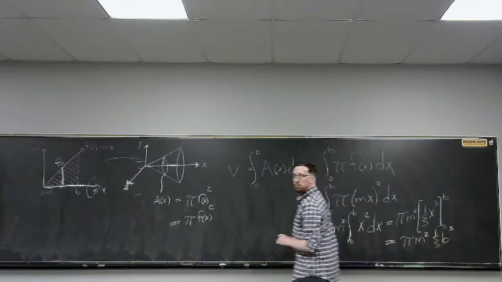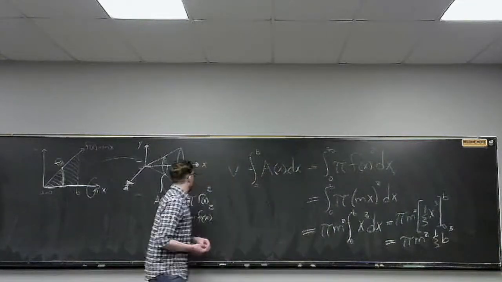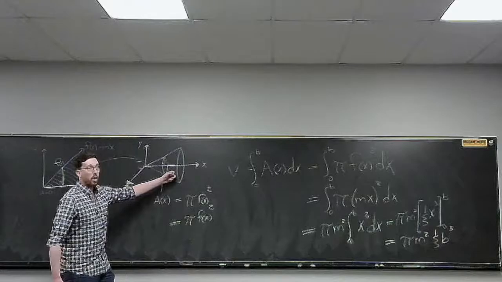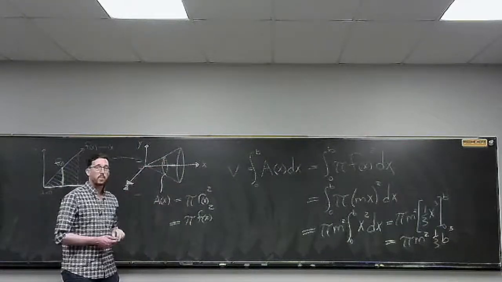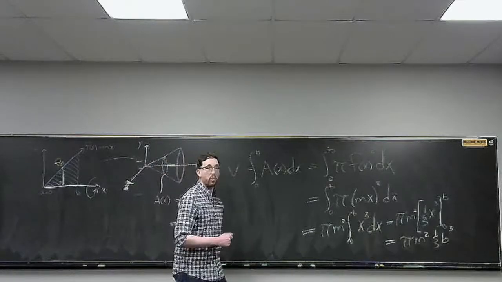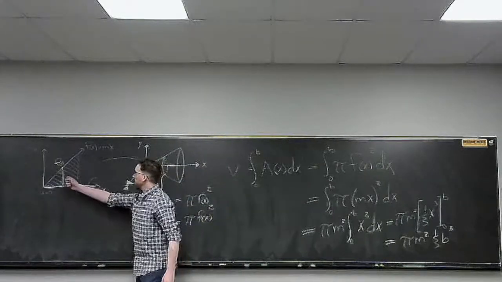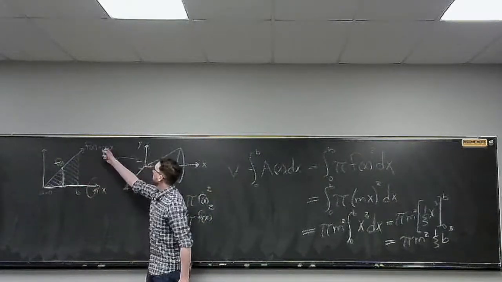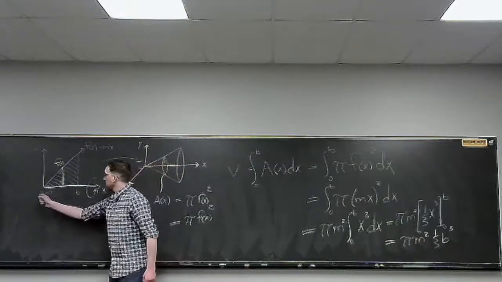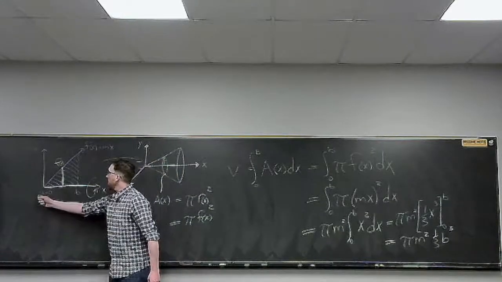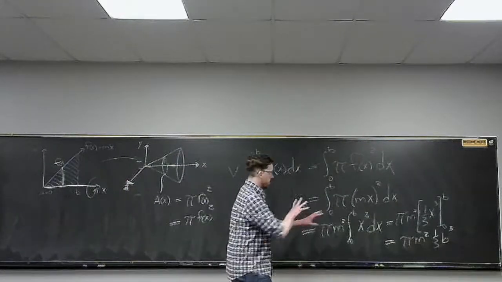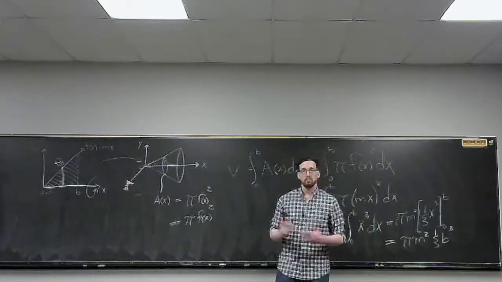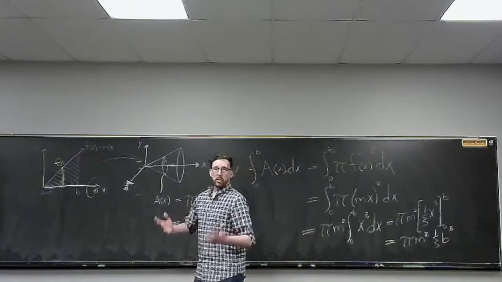That's what the volume of this particular cone would come out to be. And this cone is formed by revolving the area underneath the function m times x from a equal to 0 up to b about the x-axis. That's what the volume of that shape would be. That's all there is to this.